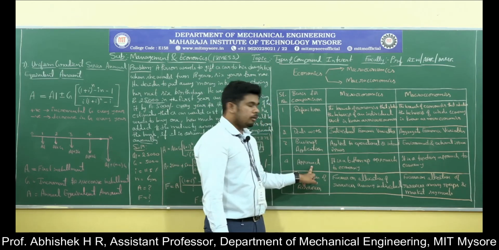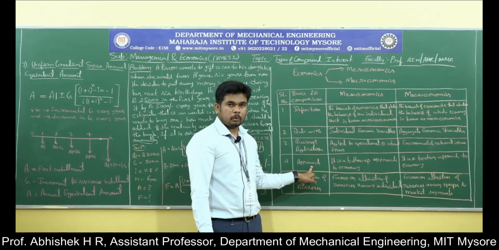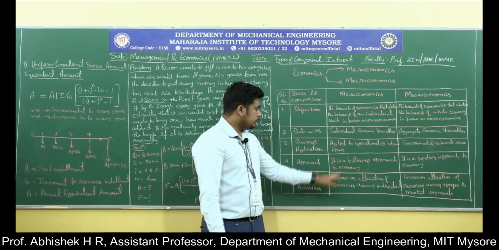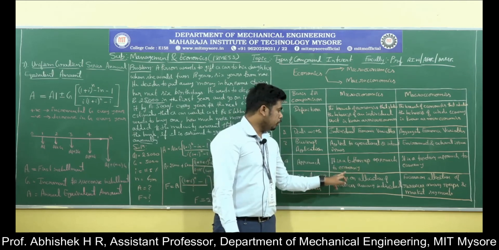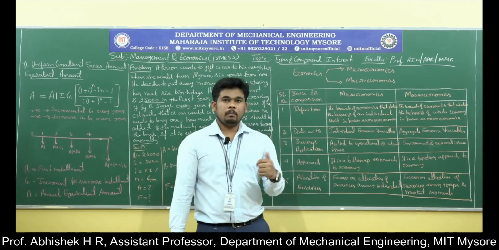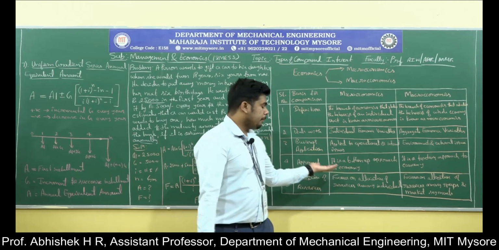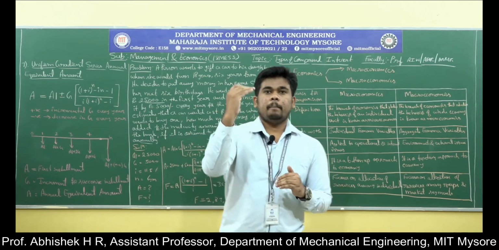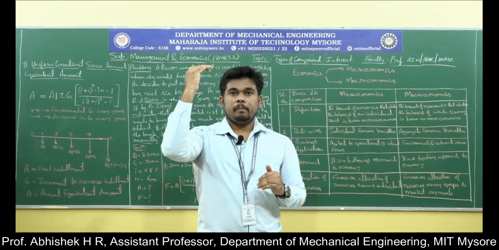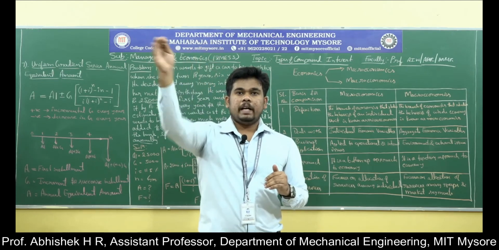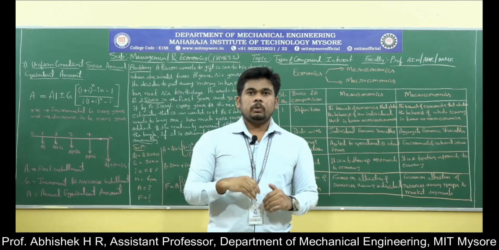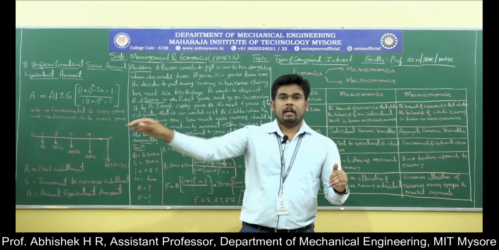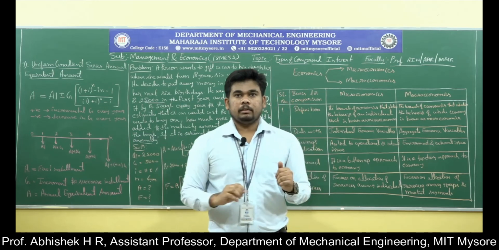Then we have the fourth parameter, approach. The approach of microeconomics is a bottom up approach to economy. Bottom up approach means we have a hierarchy: workers, supervisor, manager, a divisional general manager, or a CEO, director, like that. We follow that hierarchy to do a function or a service.